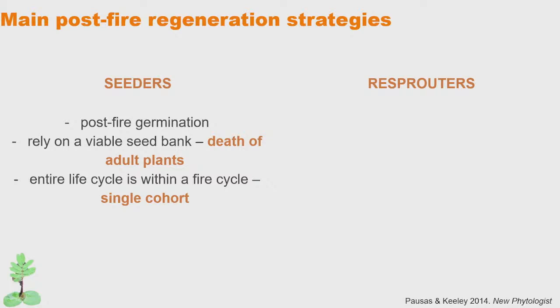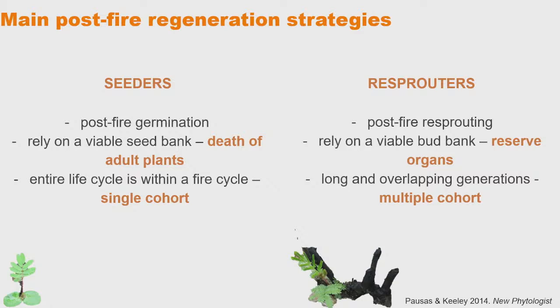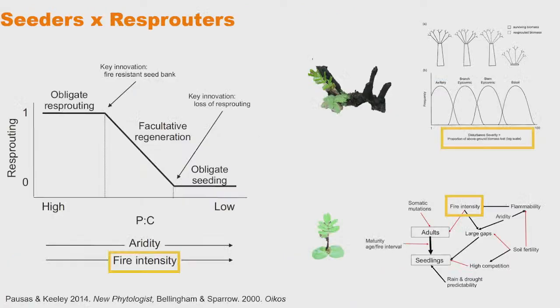You need plants to produce seeds to refill the seed bank so plants can germinate after the next fire. On the other hand, resprouters will resprout after fire, and they will rely on a viable bud bank, which can be above ground and below ground. Plants need to have some reserves to be able to build up above-ground biomass after the removal by fire, and we can have multiple cohorts.